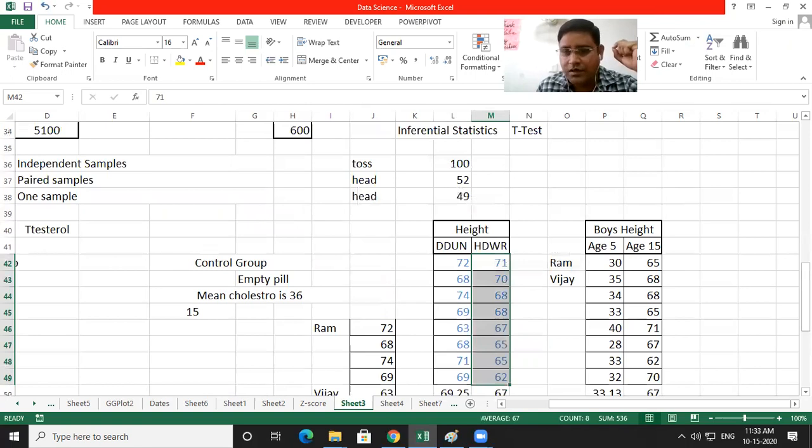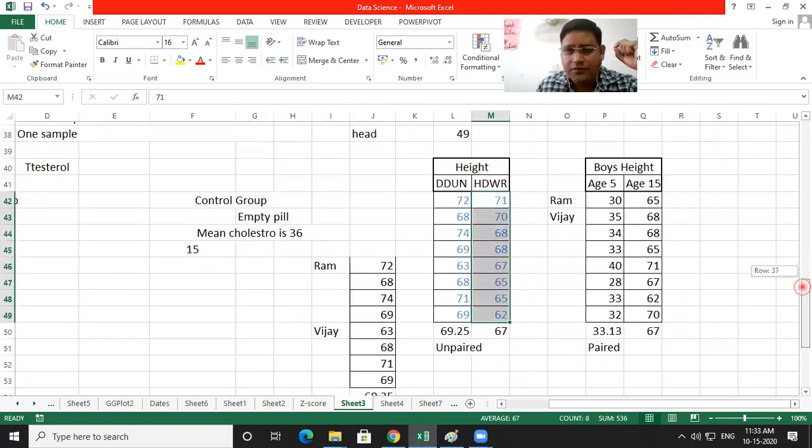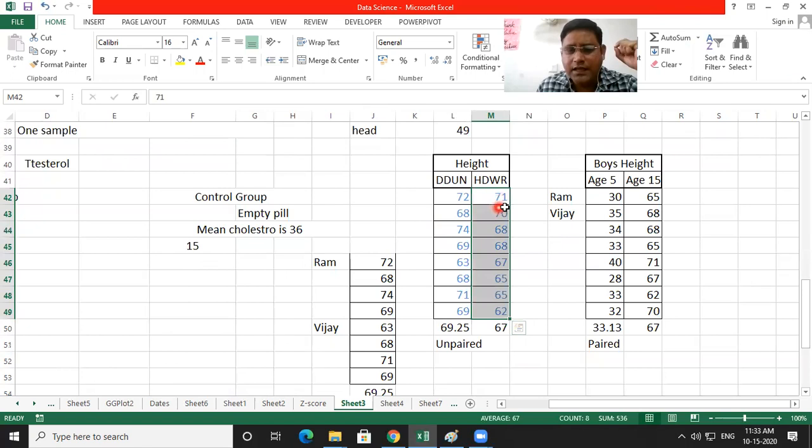Okay, so now let us see, if I rearranged this data from Haridwar, will this impact the data of Dehradun? No. Mean will remain the same. So this is my unpaired data. This is my unpaired t-test.